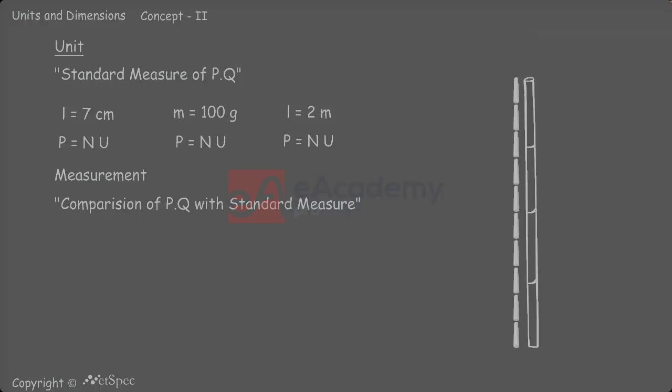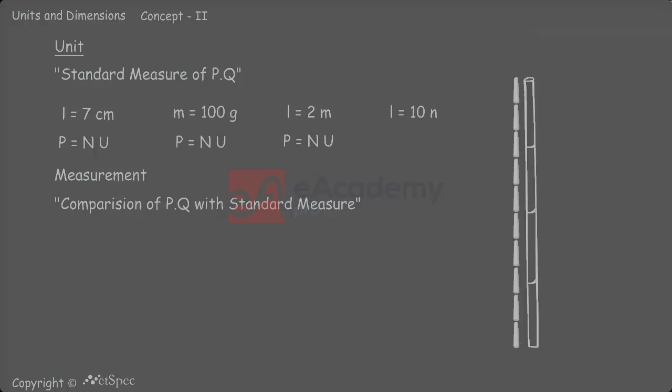This standard measure occurs exactly 10 times along the length of stick, which means the length of stick is 10 times that of the standard measure. Thus, length of stick L is equal to the numerical value 10 followed by unit, say n. L is equal to 10n.